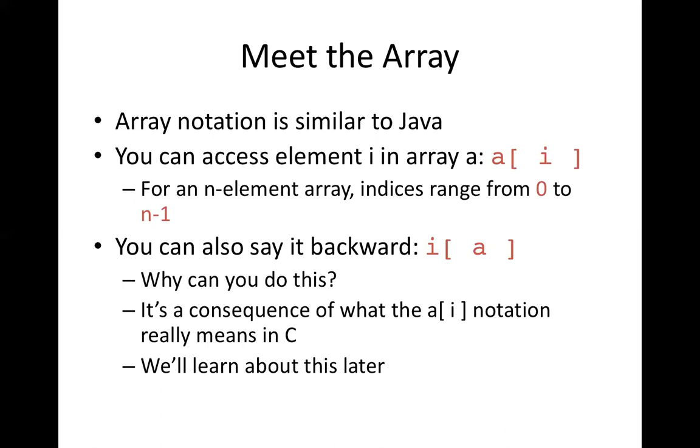You can also do it this way I'm showing at the bottom. We'll talk a little bit later about why that works. Most people wouldn't access an array like that, but if you want, you can put the index outside the square brackets and the name of the array inside square brackets, and it works just fine.